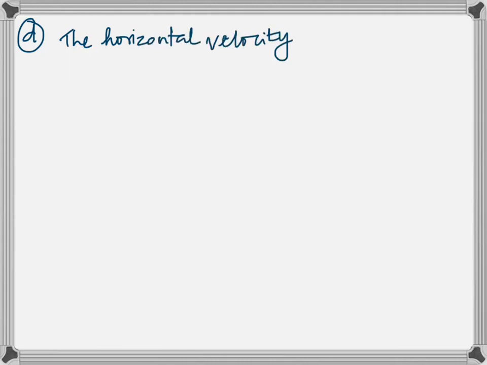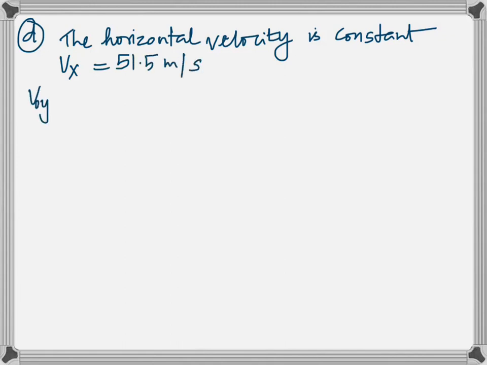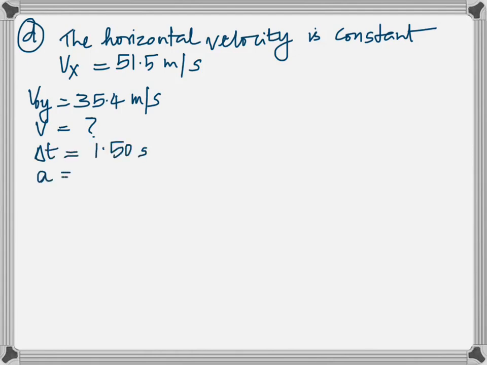Now remember that the horizontal velocity never changes. So it is still 51.5, but the vertical velocity does change. The initial is 35.4, acceleration is 9.8, and we've got to find the final. And the time is given as 1.5 seconds. Now it's negative 9.8 because at first it's going up.